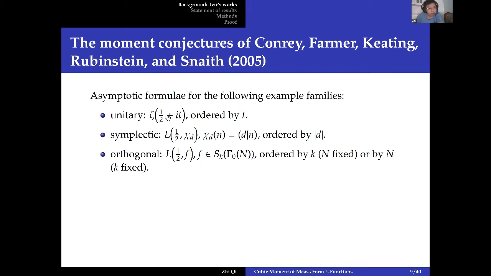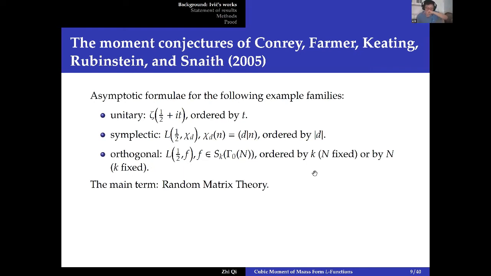For the unitary type, a typical example is the Riemann zeta function on the critical line. And also you can consider quadratic characters, then this will be symplectic type. And also if you consider the holomorphic case, of level N and weight k, if you fix one of them and order the other, then they are conjectured to be orthogonal type. And the main term was predicted by the so-called random matrix theory.